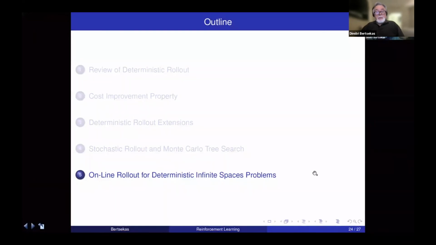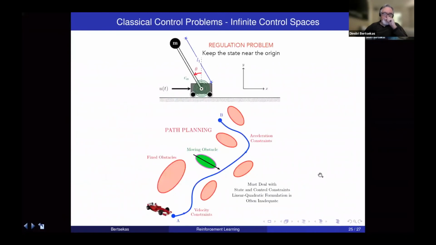Which is a different kind of problem. Infinite spaces problems, including infinite control space. And these are the kind of problems that arise in control theory, control applications.